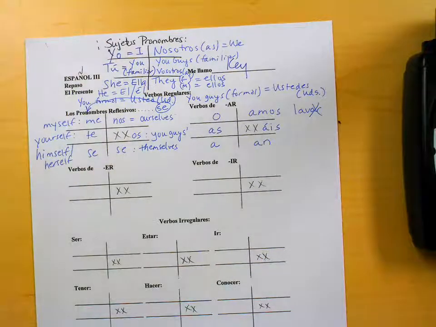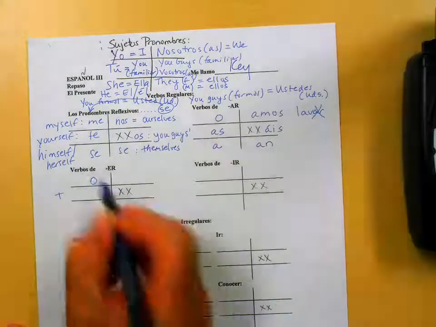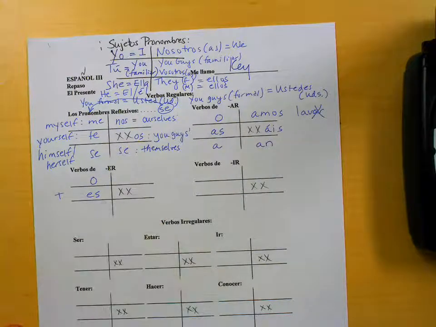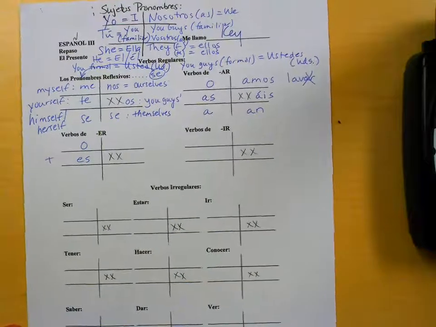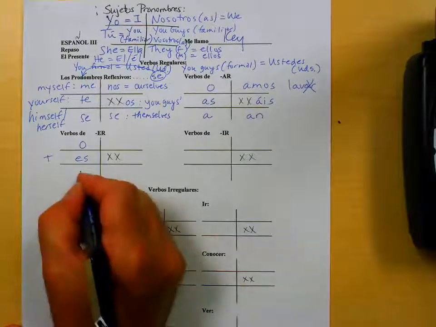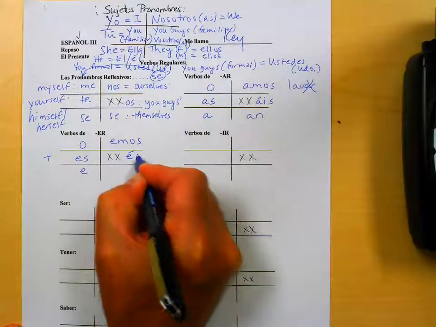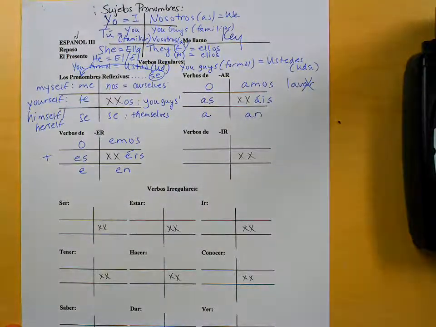ER verbs. Take off the ER and you add the following endings. The yo form ends in o, tú form ends in es. Él, ella, usted form ends in e. Nosotros ends in emos. Vosotros ends in éis. And ellos, ellas, ustedes ends in en.